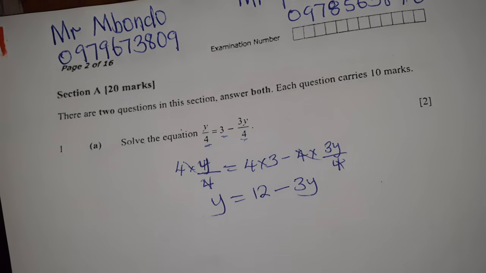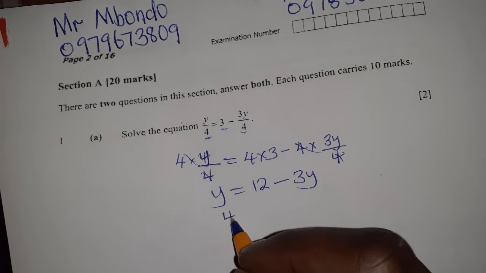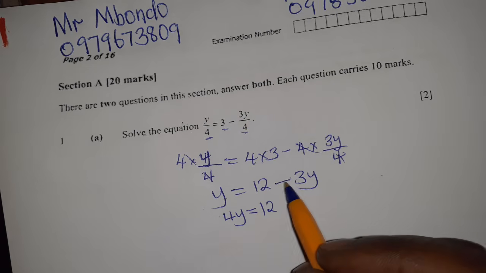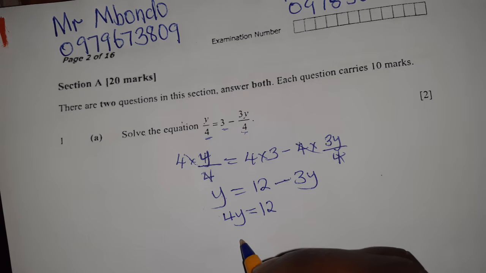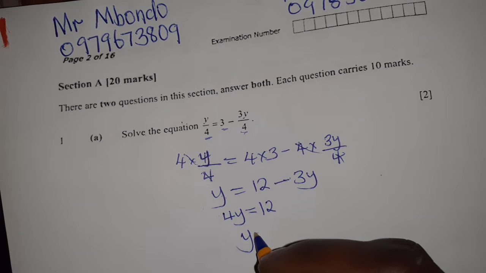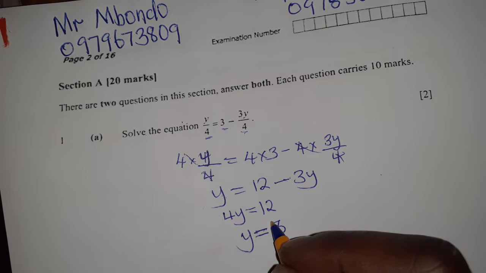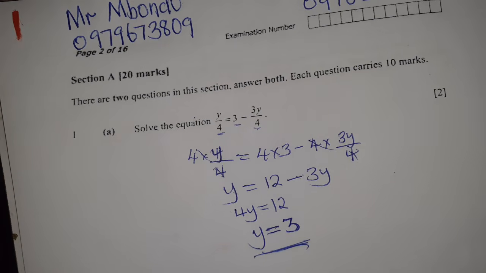At this point, we put the like terms together. We have 4y is equal to 12. When this one comes to the other side, it will be positive. Then you divide both sides by 4. y is equal to 3.